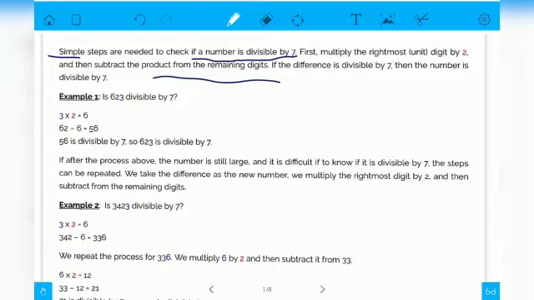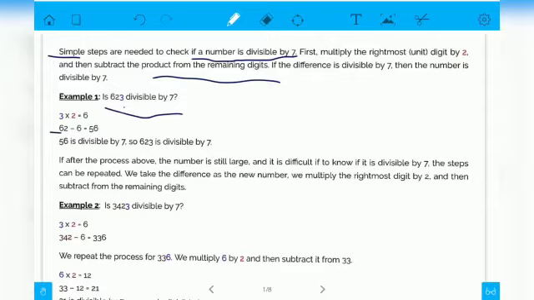For example, if I talk about 623, is it divisible by 7 or not? So we have to check it. The last digit, that is 3, we need to double by multiplying it by 2. So it becomes 6. Then we subtract it from the remaining digits, that is 62 minus 6, which is 56.